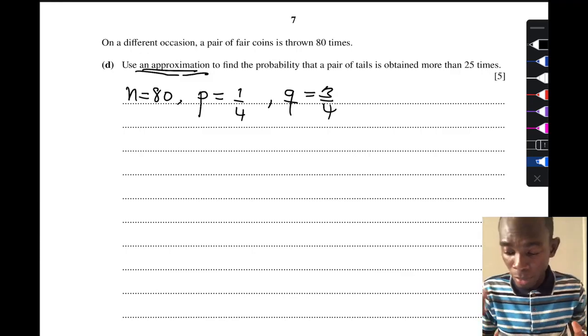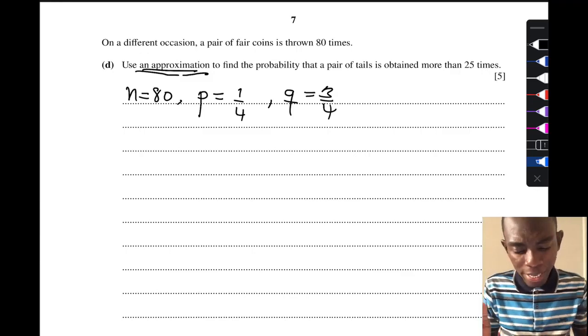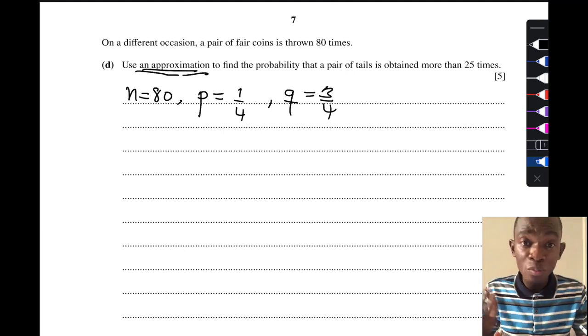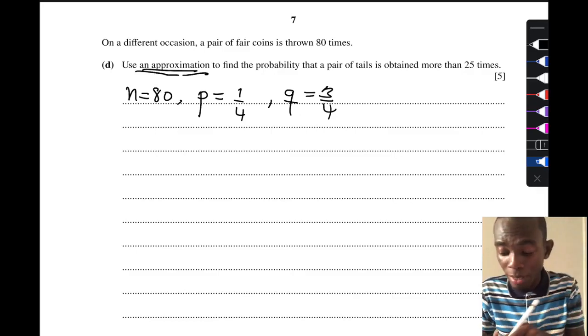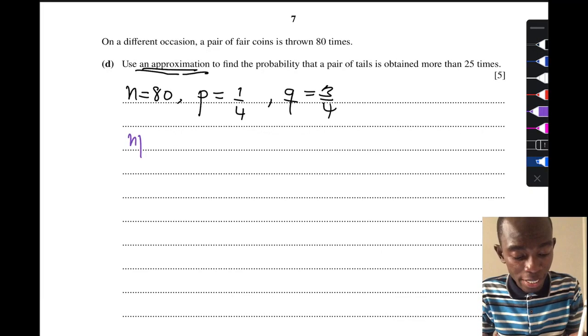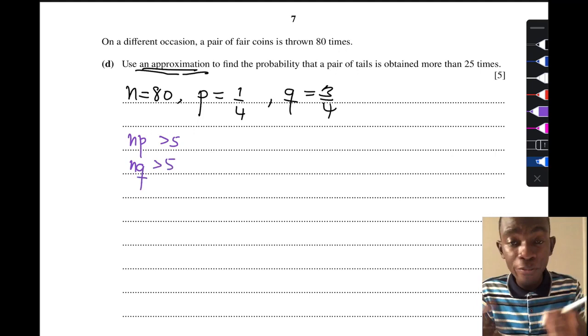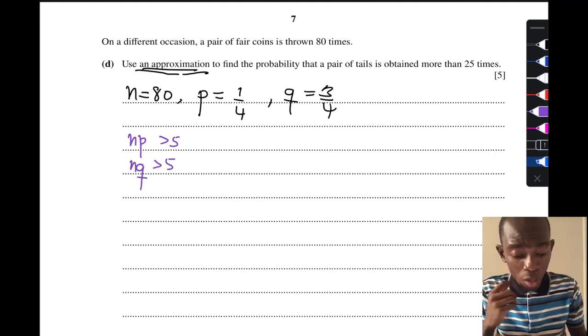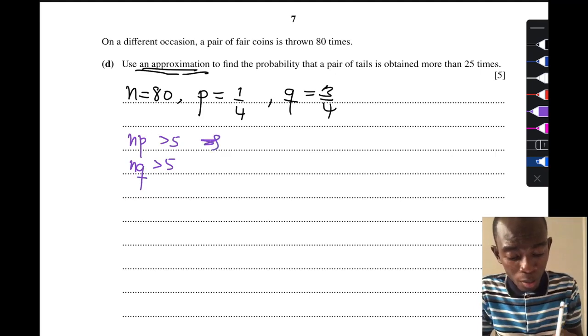Now the next thing we want to do, since they say use an approximation, well, it will satisfy the condition, but some examiners are just too much. So you have to show that np is greater than 5 and nq is also greater than 5 before you can start. So 80 times 1 over 4, that's 20.